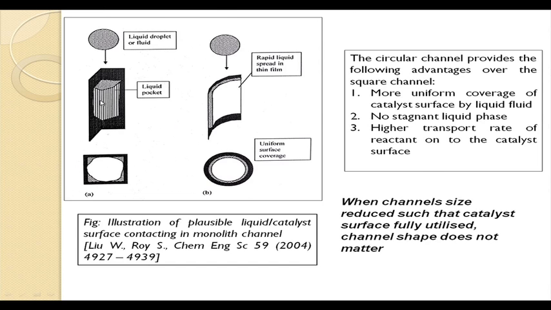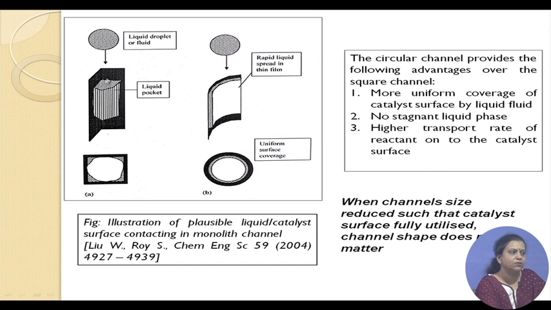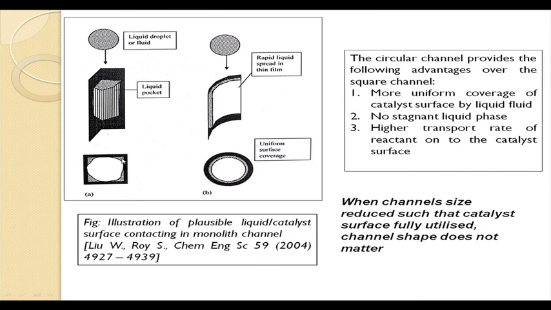On the other hand, if you observe the square catalyst, it can also be deemed as a morphologically smooth surface, and it can also be layered or have a thin film on it. But due to the corner effects, although it is morphologically smooth, just like a circular passage, it has a large number of stagnant or dead zones which preferentially tend to trap the liquid, and these sites are not available for reaction.